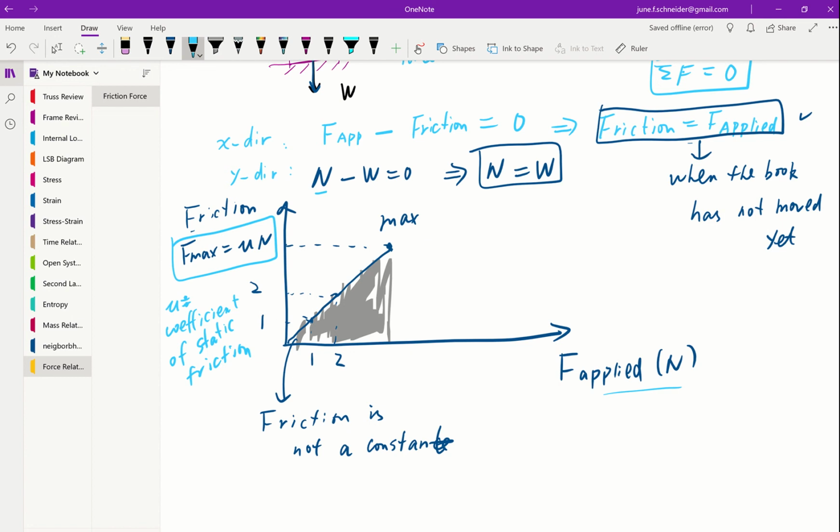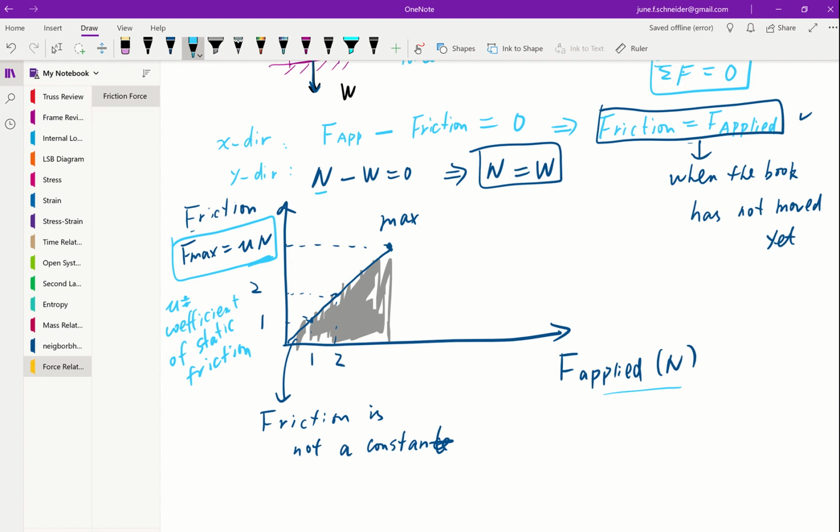So that friction is not a constant, it's increasing as your applied force increases. However, when it reaches this maximum value, mu N, mu being the coefficient of static friction, that's going to be determined by the car tire and also the road, the roughness, irregularity of the road, you know.